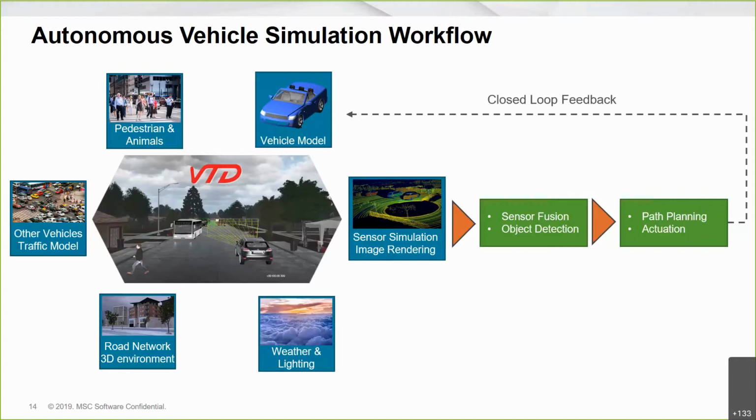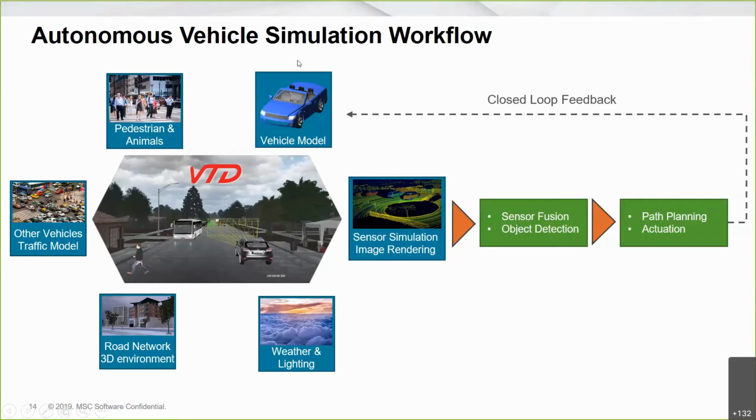After that, it will give out a list of functions to actuate different parts of the vehicle, for example the steering system, the brake or the acceleration. Then it will give those signals back into the vehicle. And the vehicle model inside the VTD environment will take those signals and decide how the vehicle is going to behave based on those steering inputs or gas pedal inputs and things like that.